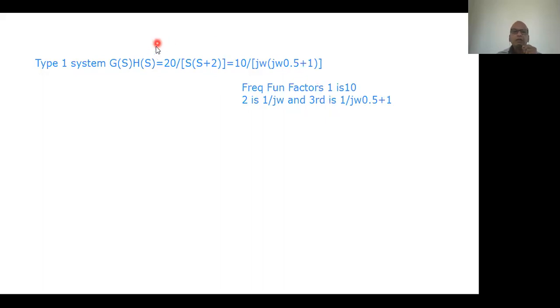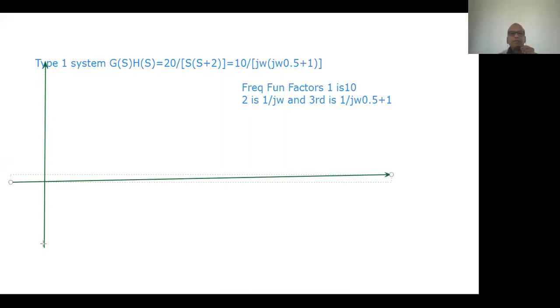And then here we'll draw again. Take the scale on the x-axis, which is frequency, and on this axis the magnitude axis.